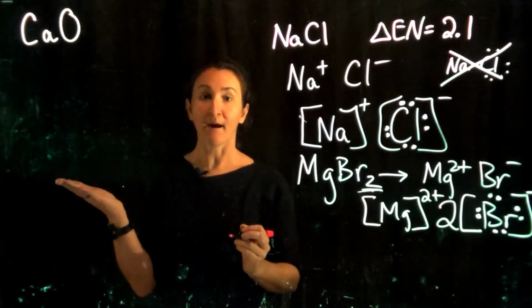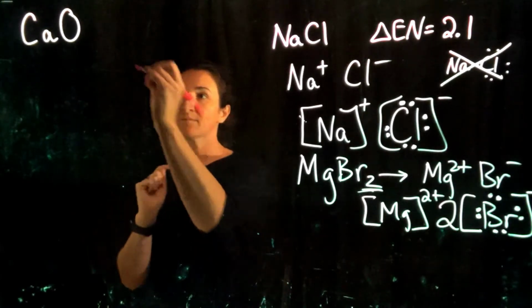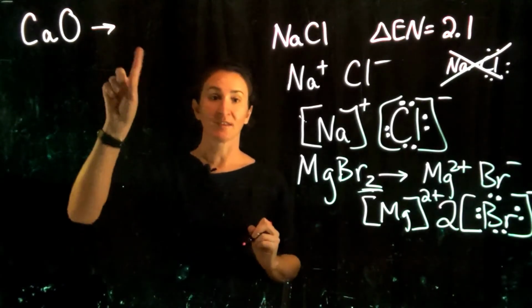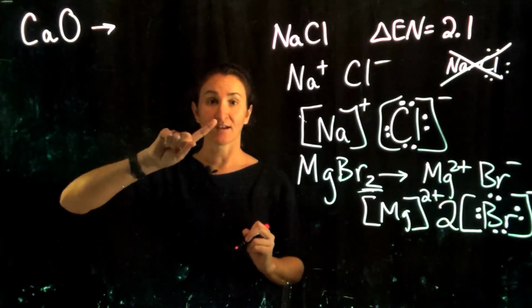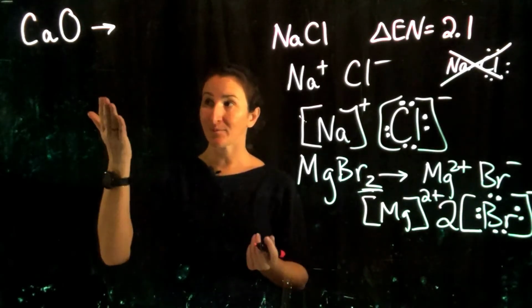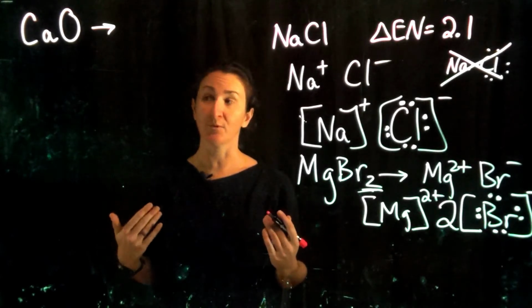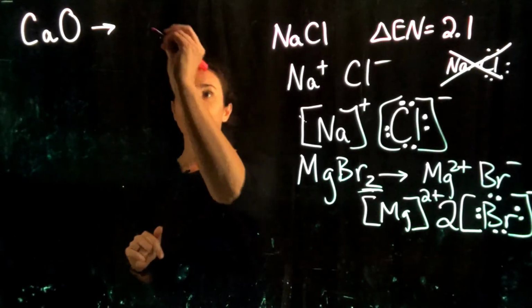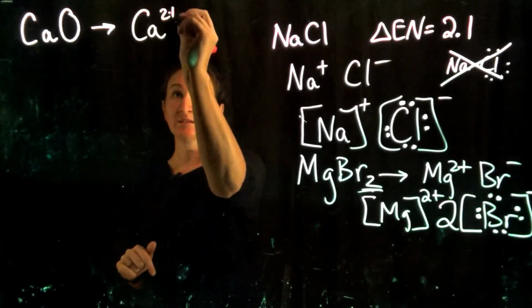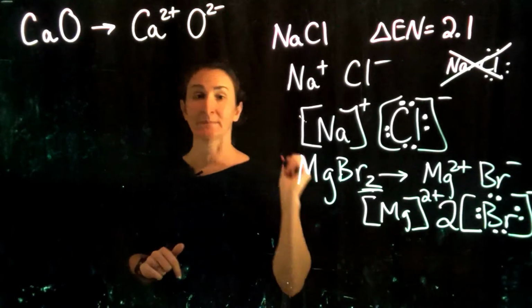Let's do calcium oxide. When you break this apart, you may have thought calcium 1 plus, oxygen 1 minus, but remember, they're both 2s. So when they cross, they reduce to the lowest common form, which is 1-to-1. That means this compound is Ca2 plus and oxygen O2 minus.